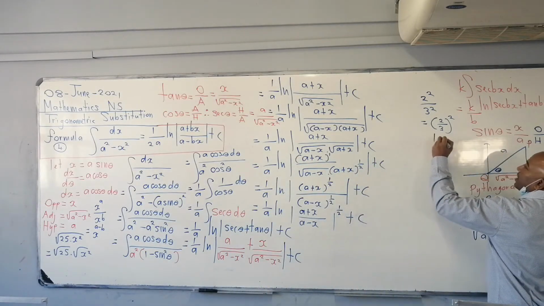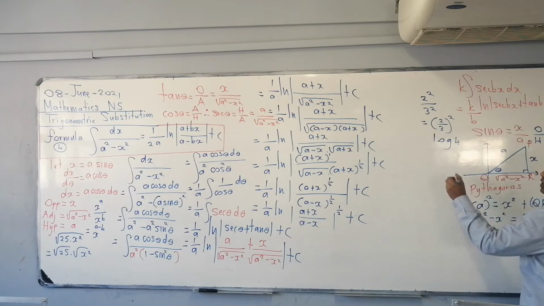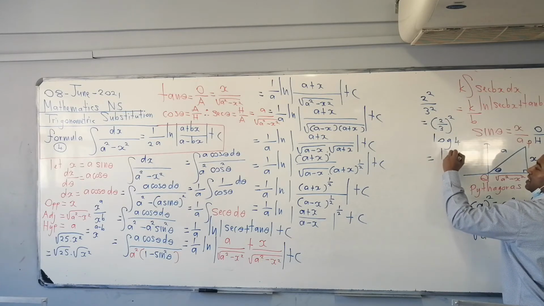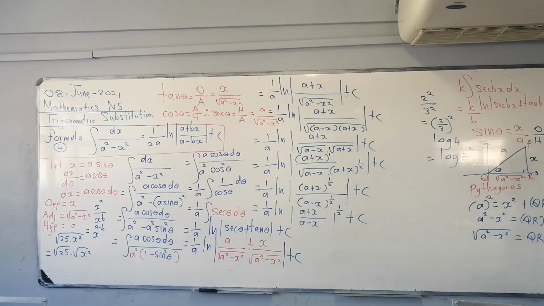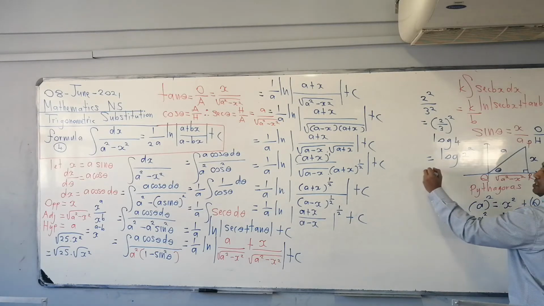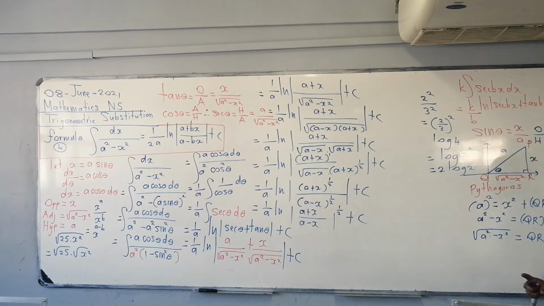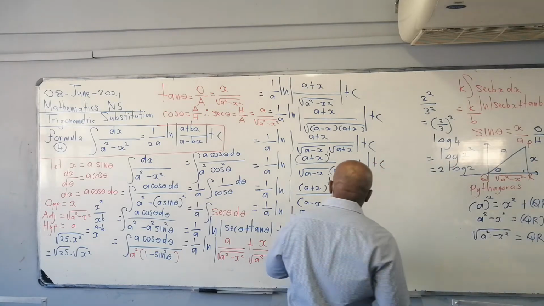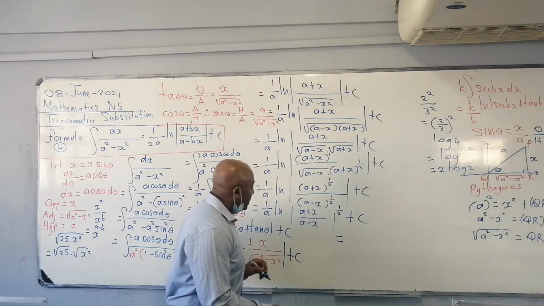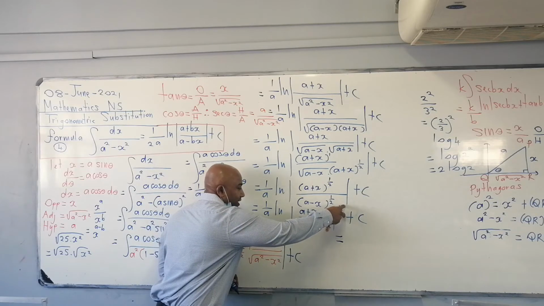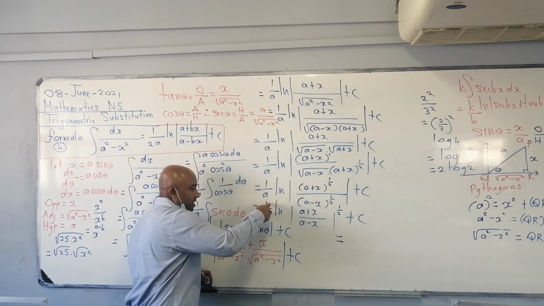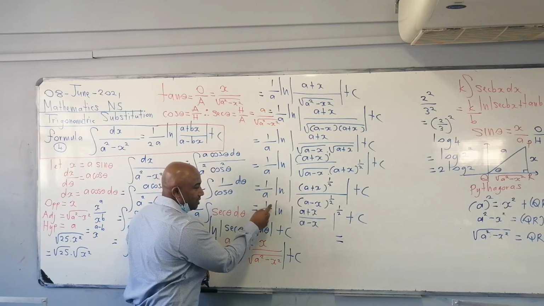Now, what else? One more final thing to do. If I have something like log of 4, we know that log of 4 can be written as log of 2 squared. We know that log of 2 squared can be written as 2 log 2. Now, the point I'm trying to make here is that if you have a power, you can bring down that power. Can you see that? So what does it mean now? That means this power of half, I can bring it down in front here and it becomes 1 over a times 1 over half.